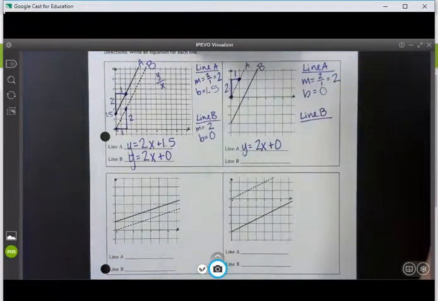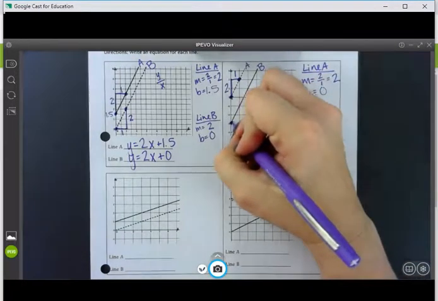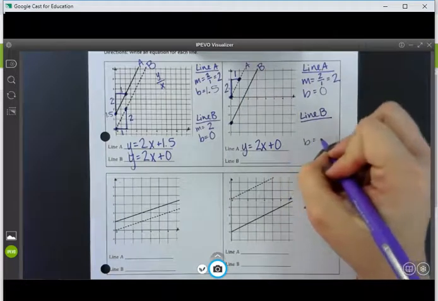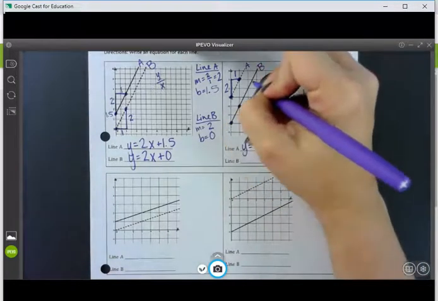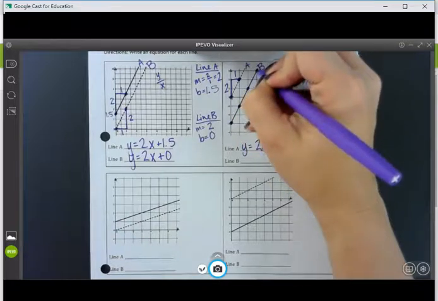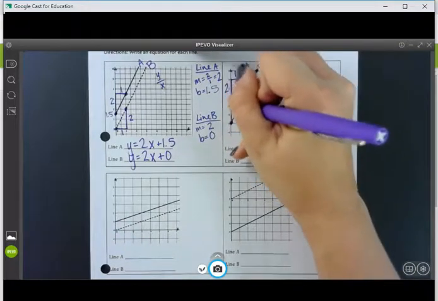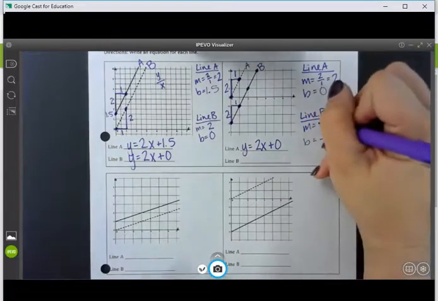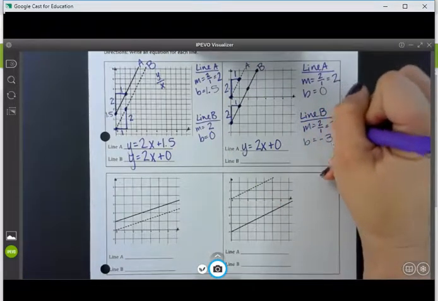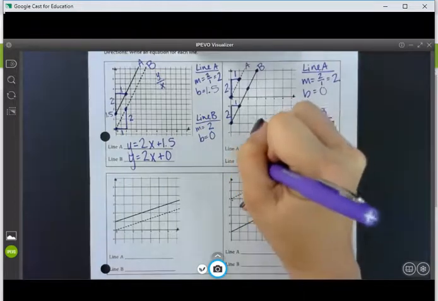For line B, our vertical intercept is down here at negative 3. Our slope, and again, you can use any of these perfect points, it's 2 over 1. So we get y equals 2x.